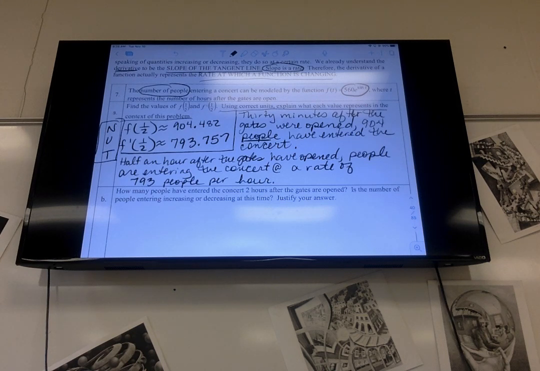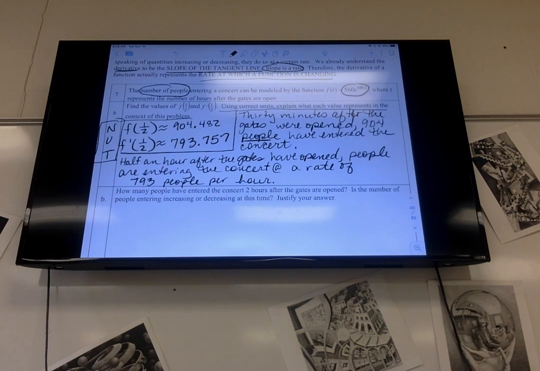I see what you're saying. That is at that particular time, at half an hour. At that point, that's how quickly they are entering, at 793 people per hour.